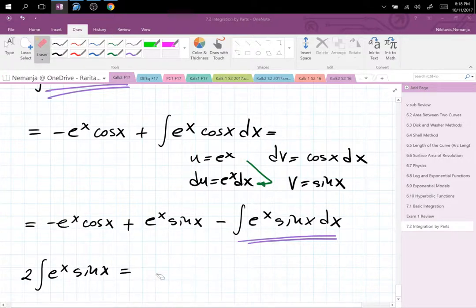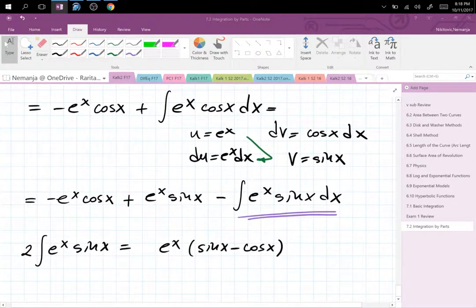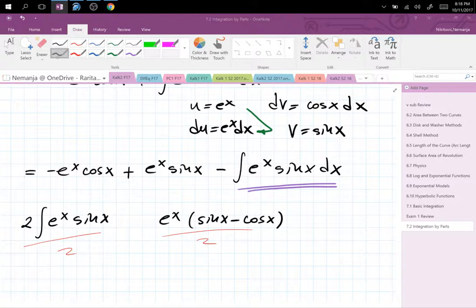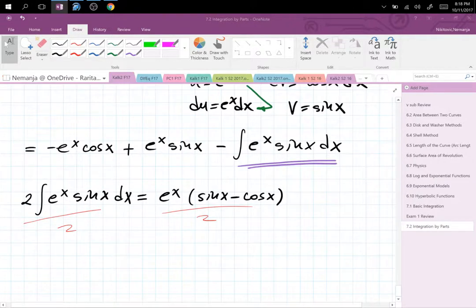Well, actually I can factor out e to the x and just have sine x minus cosine x. And do what now? Divide both sides by 2. The x is there, you just can't see it because you haven't gone to the eye doctor yet. Divide both sides.